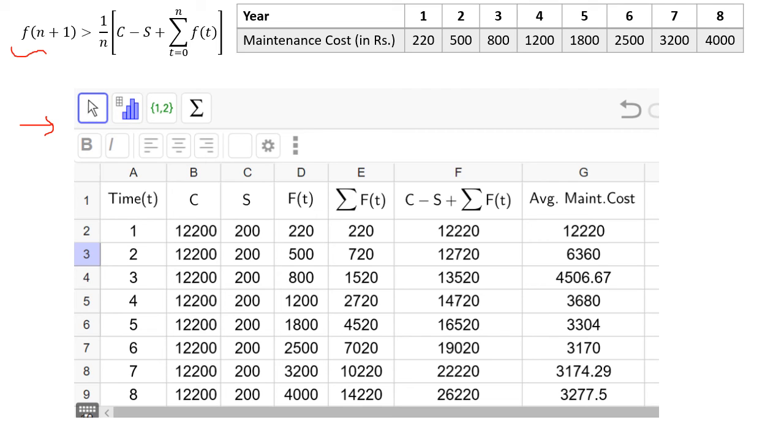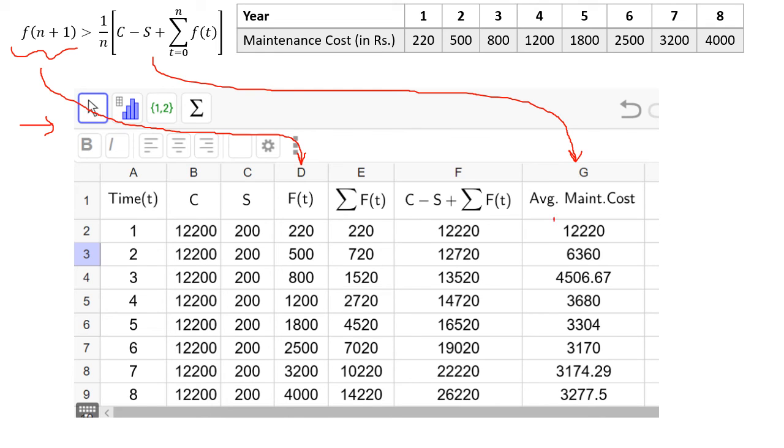So for the left hand side, which is the maintenance cost in the next year, we are going to see in column D, and the right hand side is given in column G. So let us start comparing from the second year, because if n is 1, then f of n plus 1 will be equal to 2.